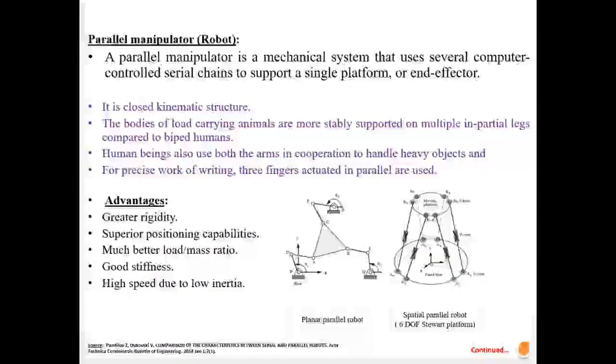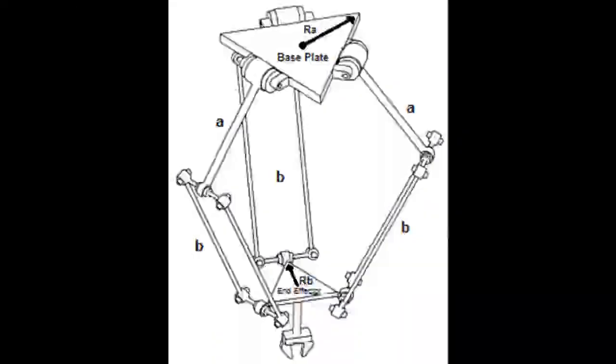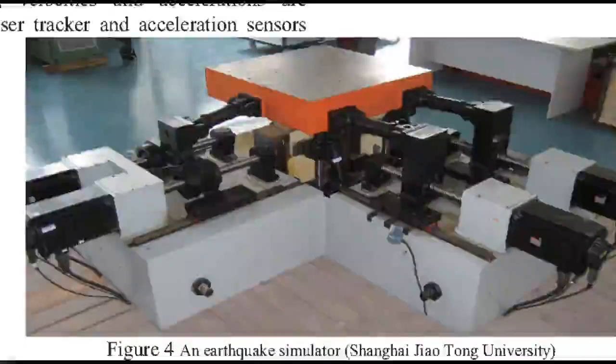For example, whenever you are riding a cycle with one hand, it resembles a serial manipulator and is less stable to manipulate, as you can think. Whereas riding a cycle with two hands resembles a parallel linkage with good stability and stiffness.